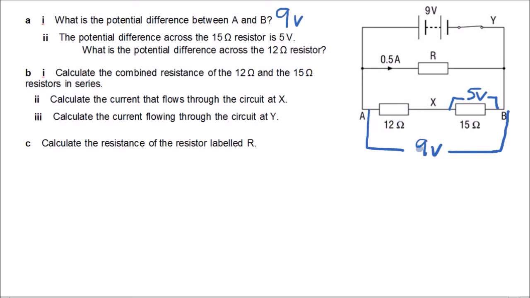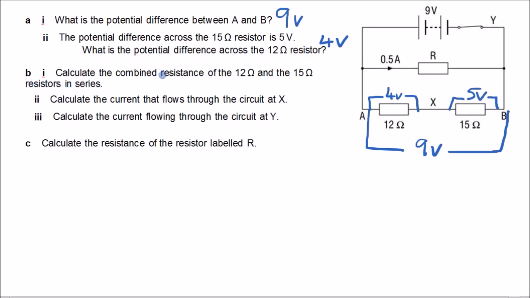Well, if the total from A to B is 9 volts, and we know there's 5 volts across this one, then there must be 4 volts across the 12 ohm resistor to make up 9. Because these 2 resistors are in series, and the voltages will add to give the total voltage between A and B, which is 9 volts. So it has to be 4 volts to add to 5 to give you 9.